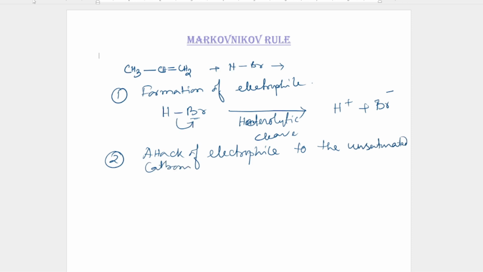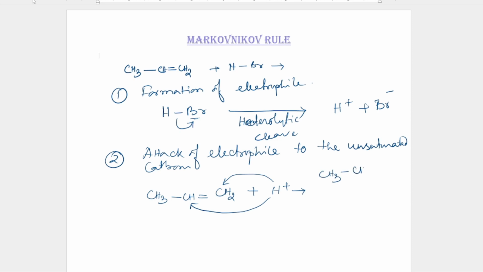So this electrophile, CH3 CH2 plus, will be attacked by the H plus ion, and this H plus can attack either this carbon atom or this carbon atom. So if the attack occurs, what are the products we are getting?